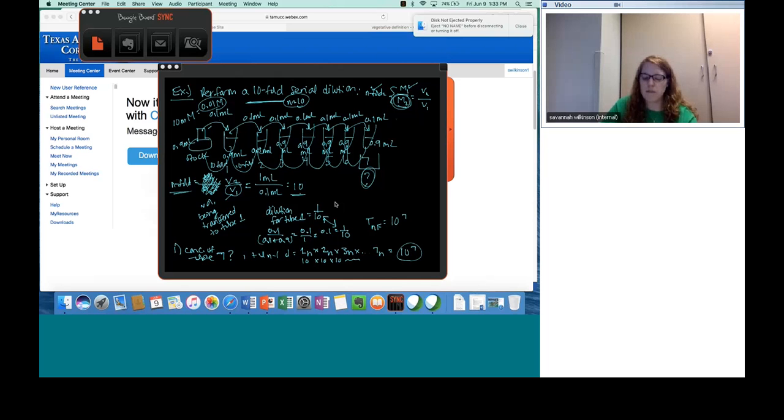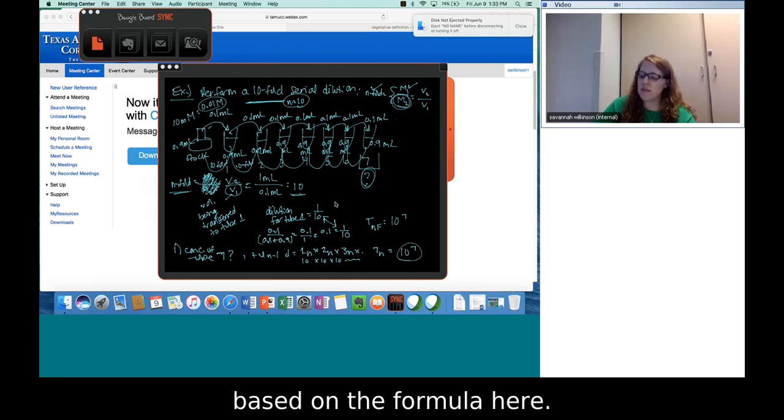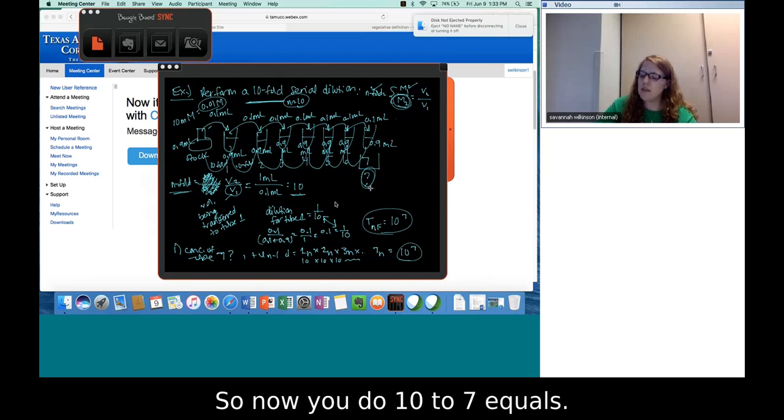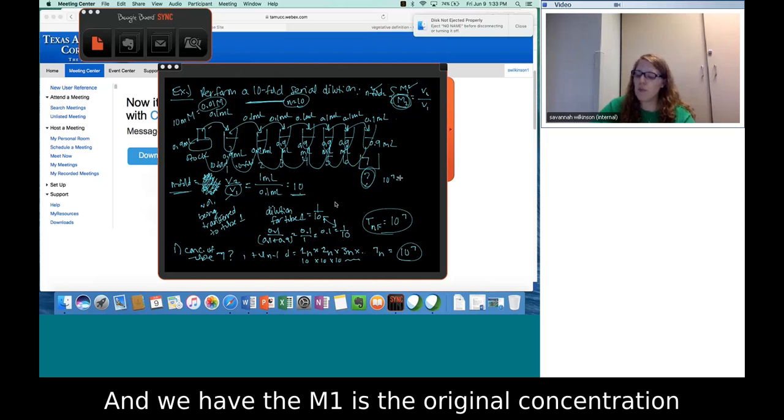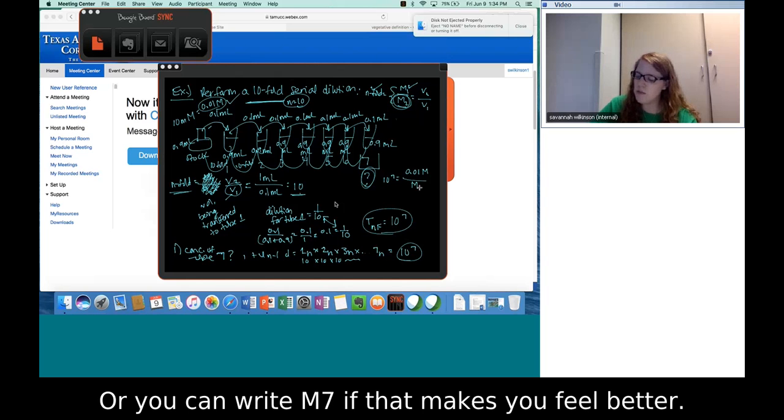Okay. So with this, then you can find the concentration based on this formula here. So now you do 10 to the 7th equals, and we have the M1 is the original concentration, so that's 0.01 molar, all over M2, or you can write M7 if that makes you feel better.